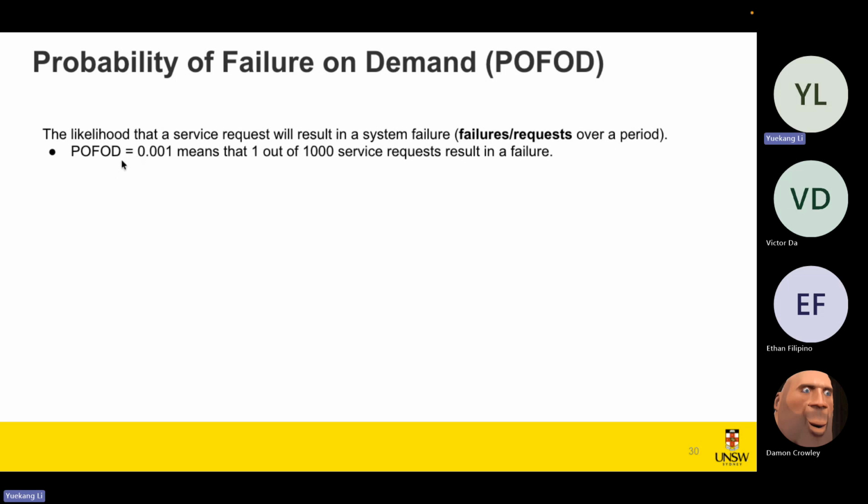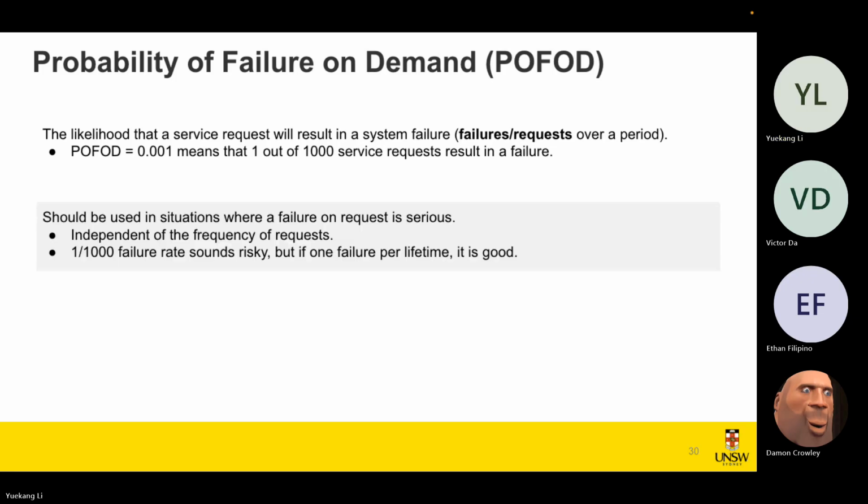So if we have a value of 0.001, it means that 1 out of 1,000 requests failed during the period of observation. This is the definition. This measurement should be used in situations where a failed request is serious.